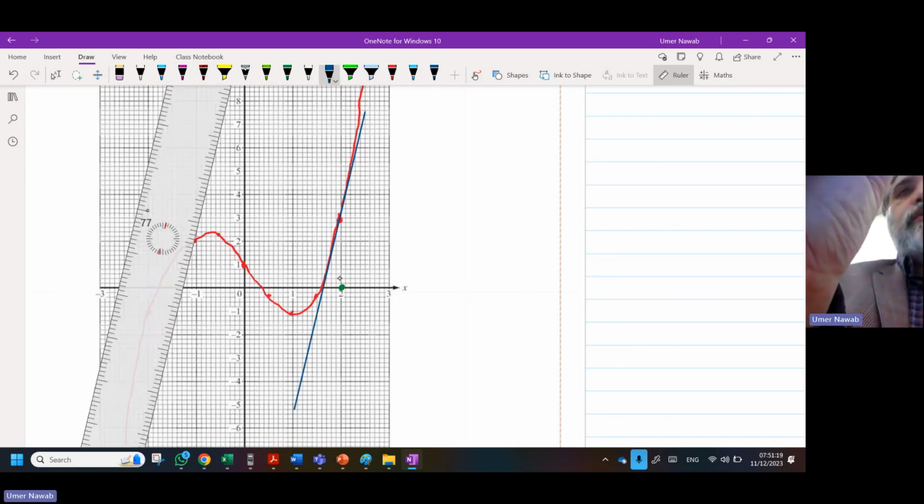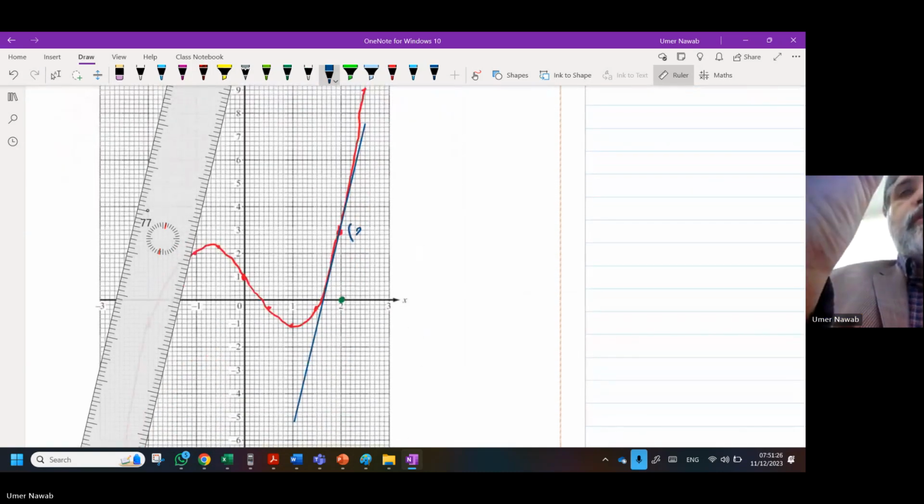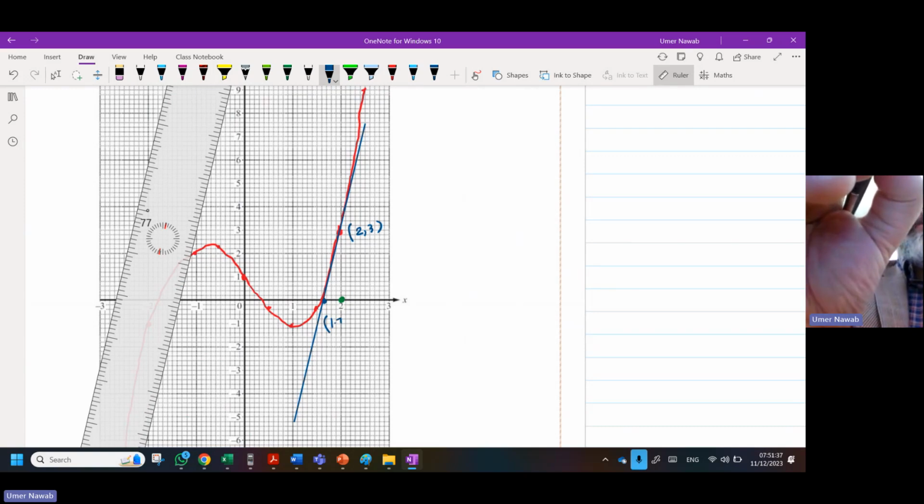At x is equal to 2, what was the point? At 2 was 3. And this point approximately looks to me 1.7 or 1.6.